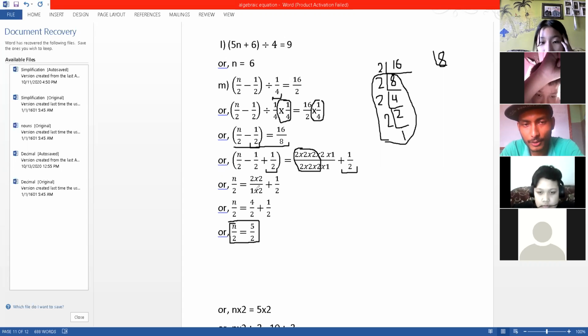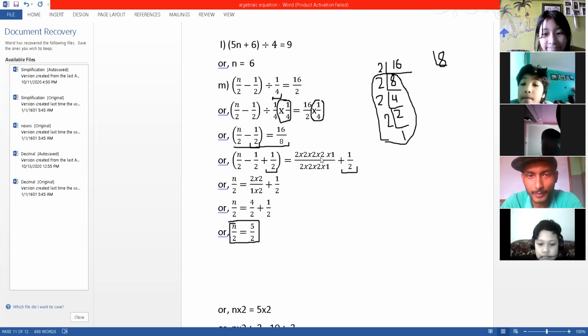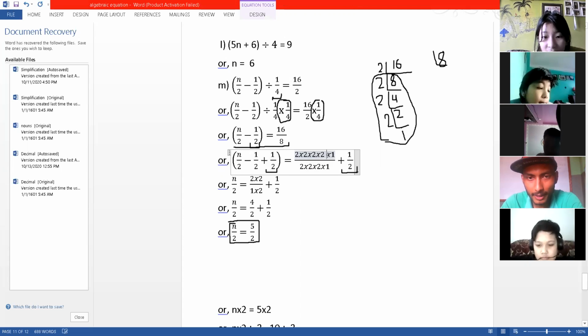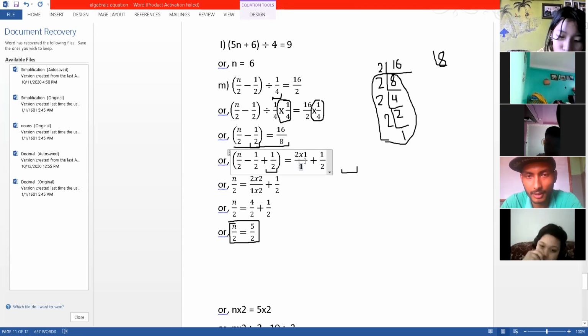And from here I removed everything and I got, okay, so I'll just write the reduced term here, so that you guys won't be confused in what I'm doing. If I reduce 3 2s here and then 3 2s here, this is what I'm left with after reduction, right?